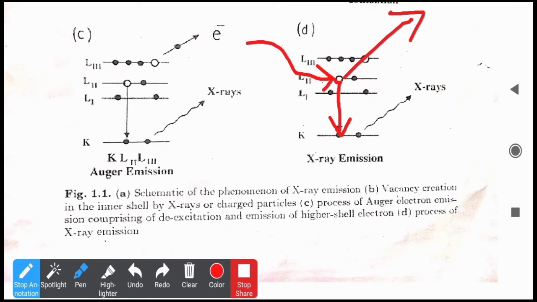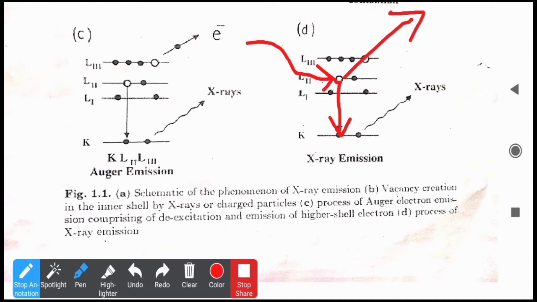In the particle induced X-ray emission technique, we excite the atoms of a substance by bombarding the sample with sufficiently energetic charged particles. So the primary beam is energetic charged particles.